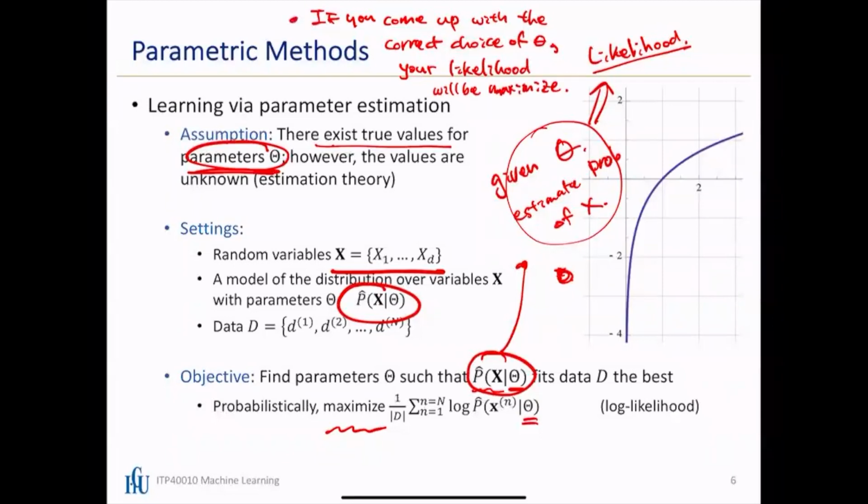This is a big rule in parametric methods. This simple rule is ruling the entire section of parametric methods, and since it is that important, it has a name: maximum likelihood, or simply ML. Maximum likelihood is to find the right choice of theta that maximizes the likelihood of my data.